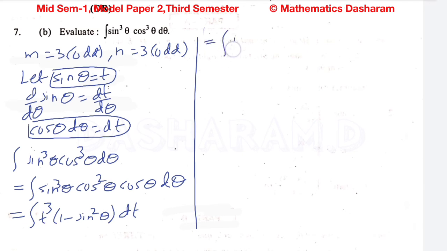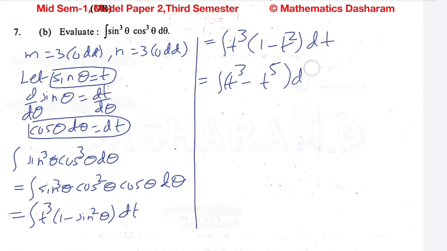Then it equals integration of t cube into 1 minus sine square theta, that is, substitute the sine theta value, dt. So integration of t cube into (1 minus t square) gives t cube minus t to the power of 5 dt. Now apply the integration for each term separately.